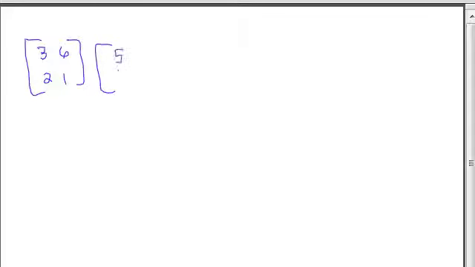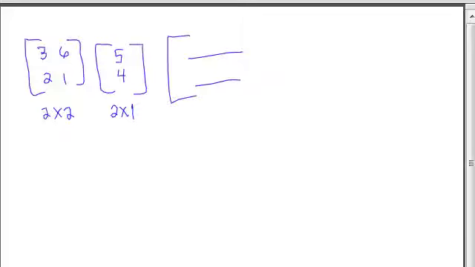First, is the multiplication possible? You have a 2 by 2 and you have a 2 by 1. Yes, your answer is going to be a 2 by 1.